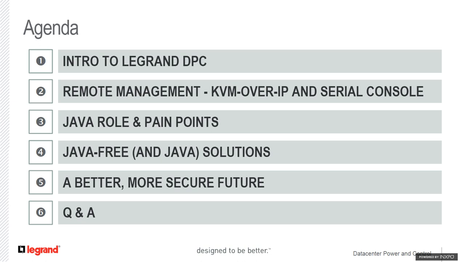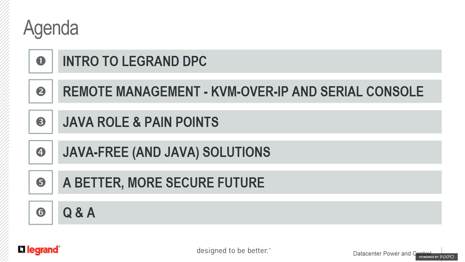Okay, so this is our roadmap for the presentation and the webinar. So first, we'll start out by introducing Raritan and our parent company, Legrand. We'll speak about remote management in general, both for servers and computer devices, as well as networking equipment via serial console servers.